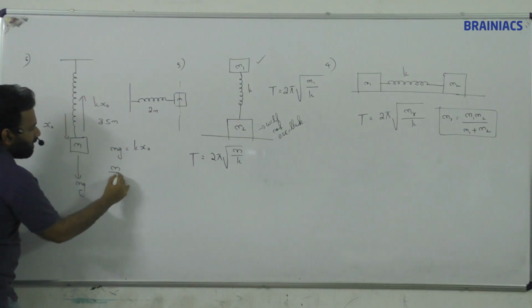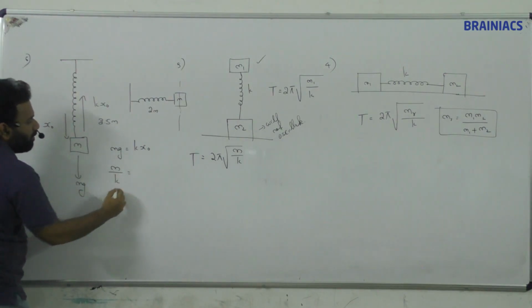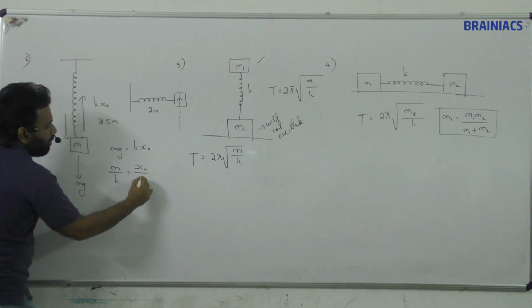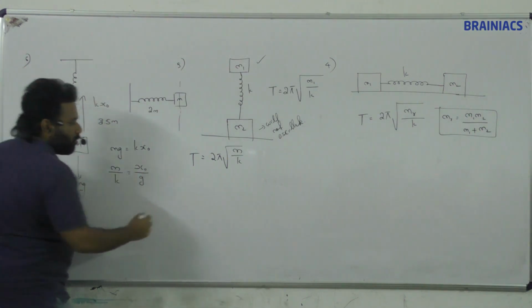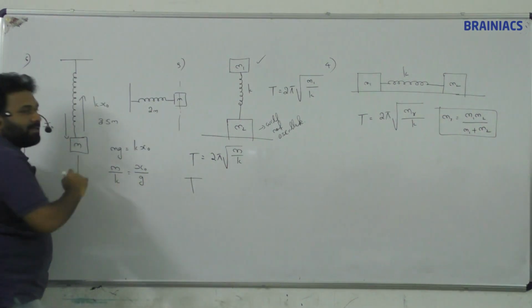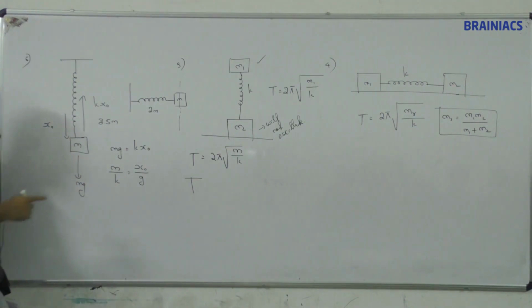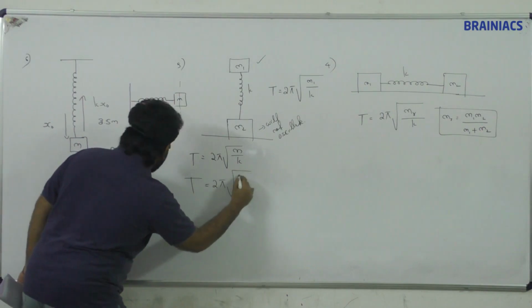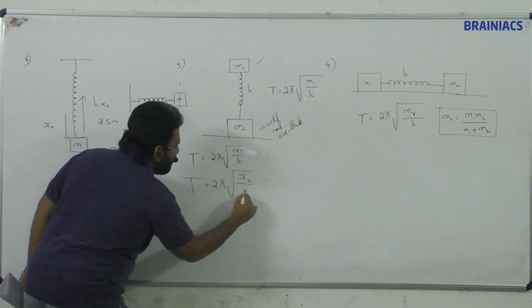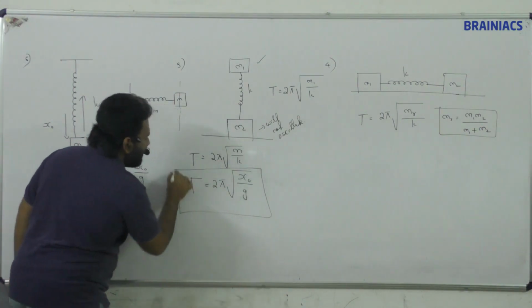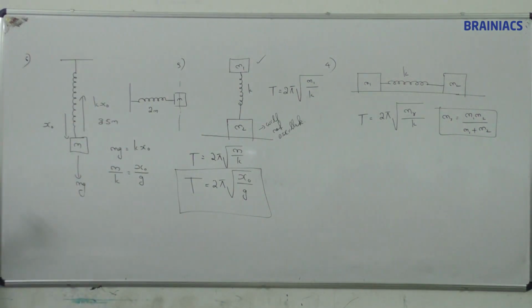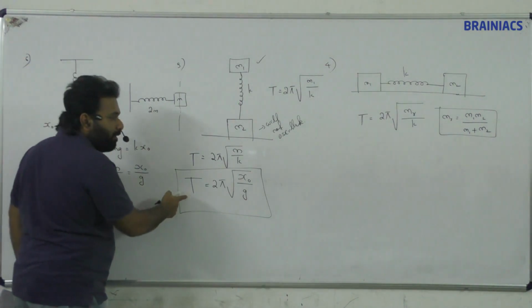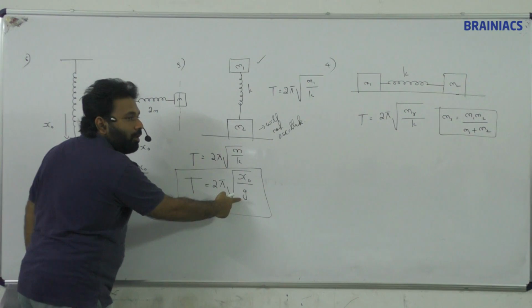So I can write m by k is equal to x naught by g. So if this data is given, using this we have the liberty to find the time period, but keep it in mind that still this time period is not directly dependent on g.